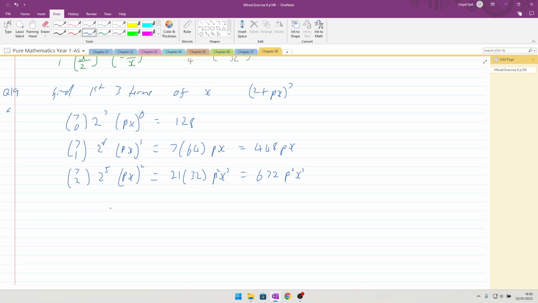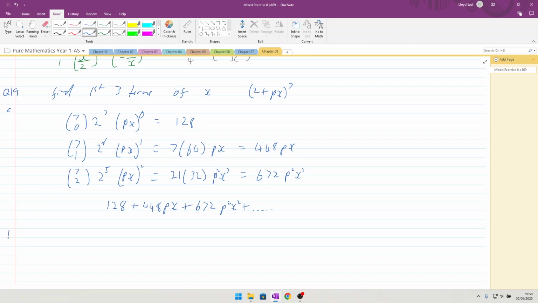Okay, so our first three terms are 128 plus 448px plus 672p squared x squared.